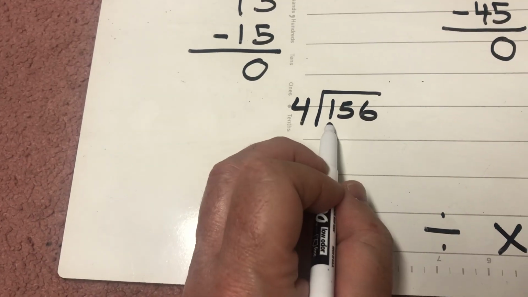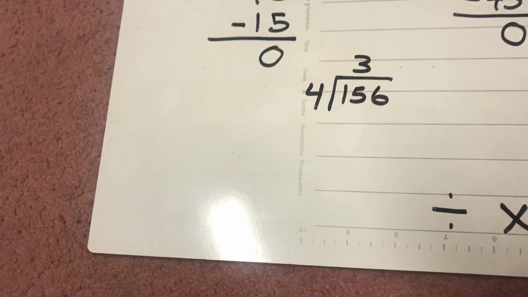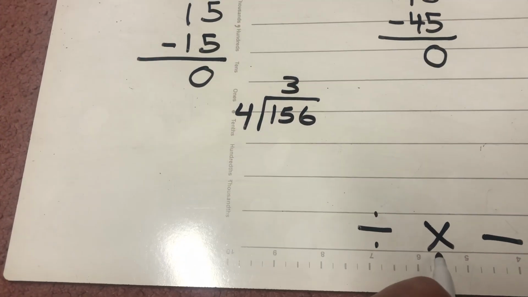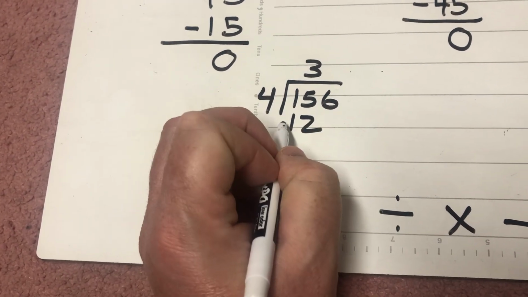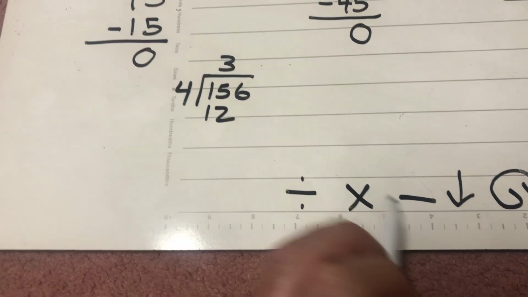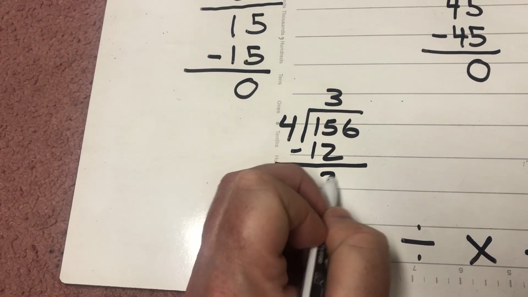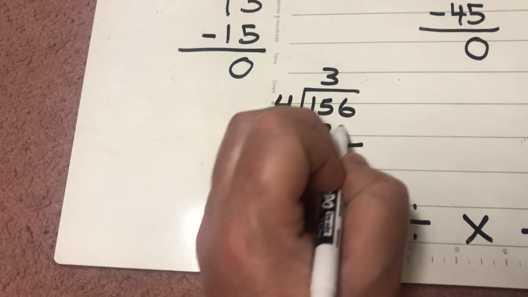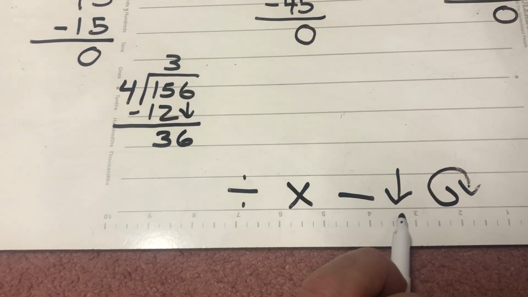Well, I know that 4 can't go into 1, but 4 can go into 15, I think 3 times. After I divide, it tells me to multiply. 4 times 3 is 12. After I multiply, it tells me to subtract. 15 minus 12 is 3. I'm okay with 3 because it's less than 4. But I'm going to bring down the 6, because after I subtract, I bring down.